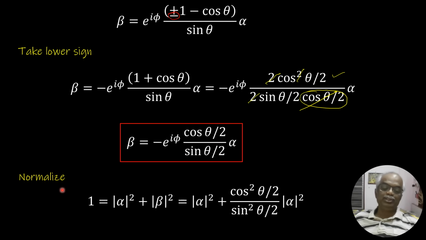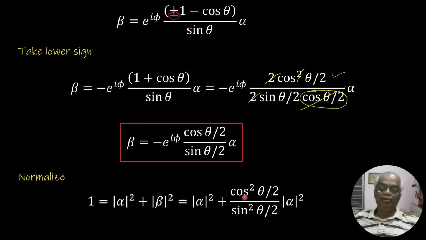So as we have done earlier, you normalize this. That is, modulus alpha squared plus modulus beta squared is equal to 1. Here, modulus beta squared is equal to modulus alpha squared times cos squared theta over 2 divided by sine squared theta over 2, because this minus sign will become plus when taking the modulus, and this exponential term also will become 1.